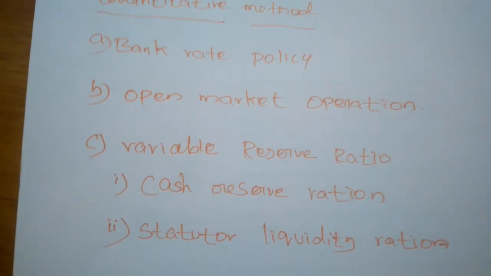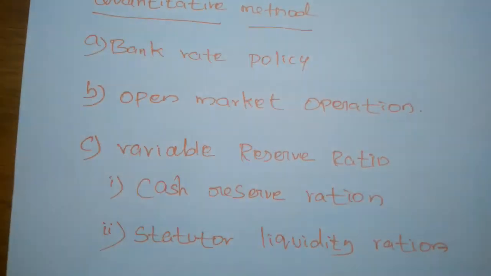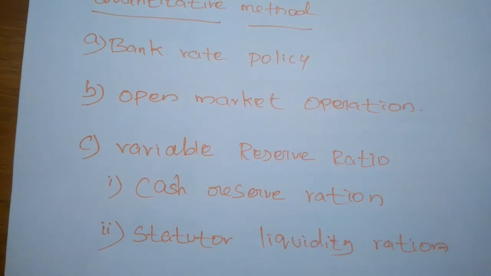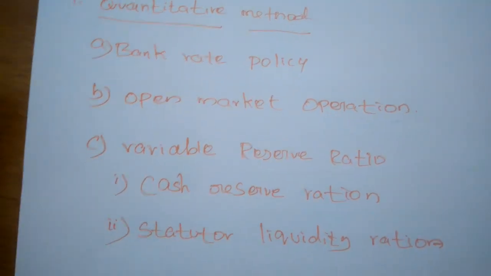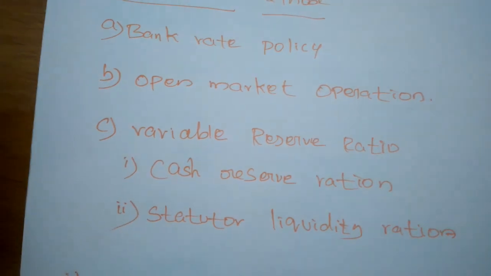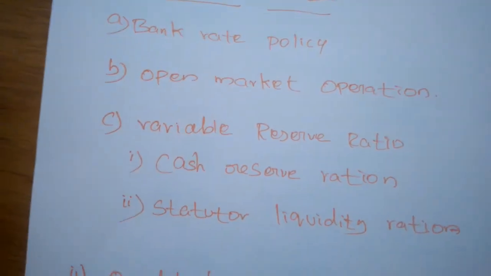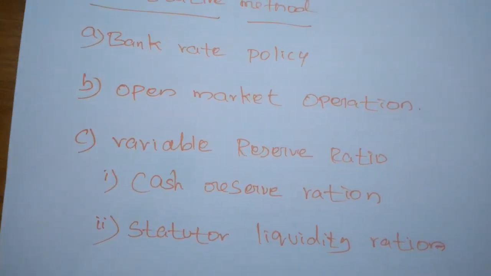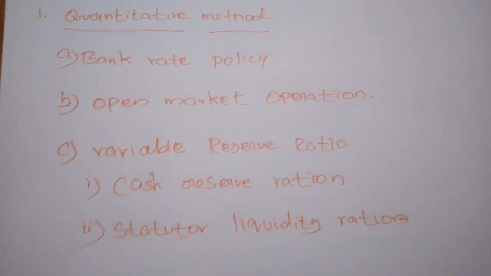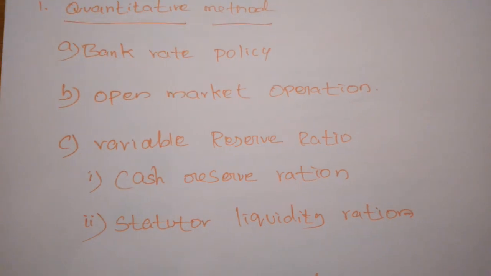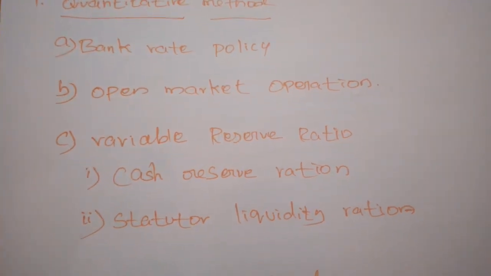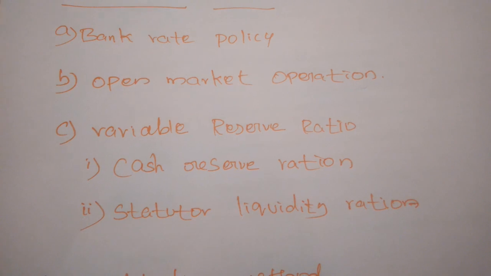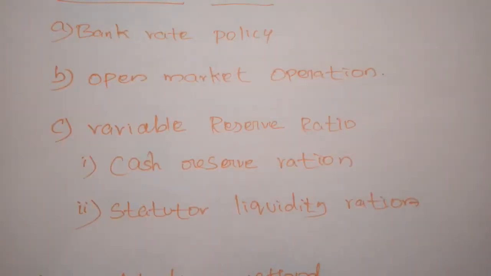It means the bank is prepared to advance loans on approved securities to its member banks, meaning the commercial banks. As the central bank is the lender of the last resort, the bank rate is normally higher than the market rate.